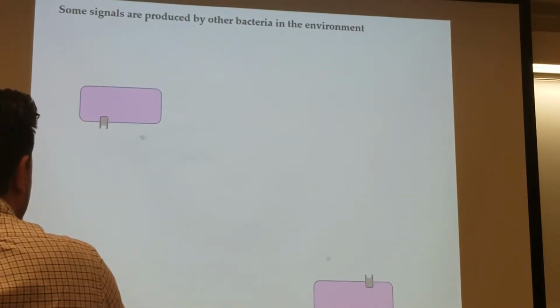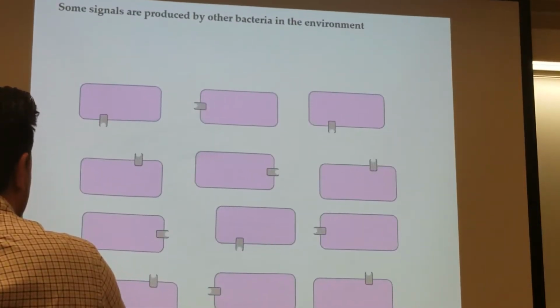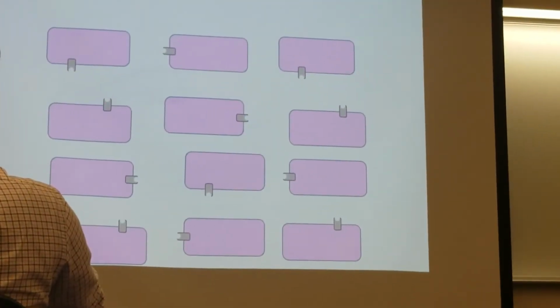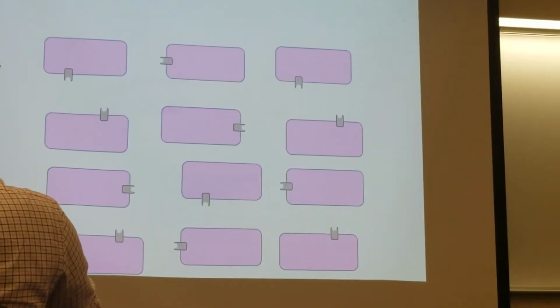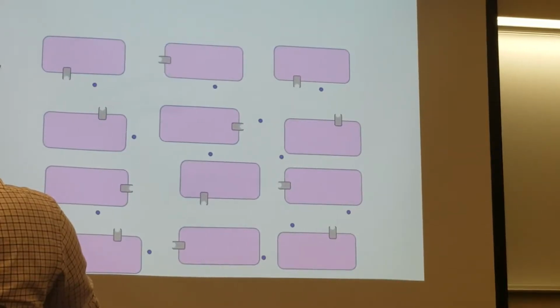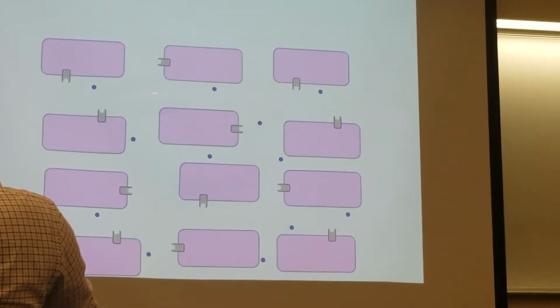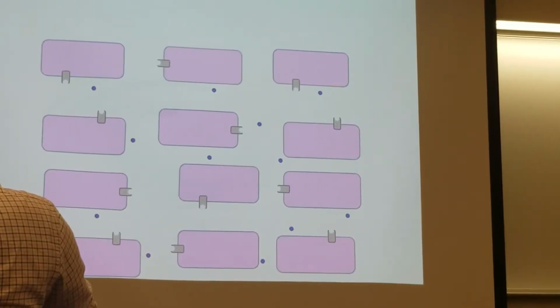But on the other hand, if bacteria are really dense within a certain environment, and they're all releasing these signaling molecules, then just because there are a lot more signaling molecules, chances are better that one of them will end up on the sensor of another bacterial cell.